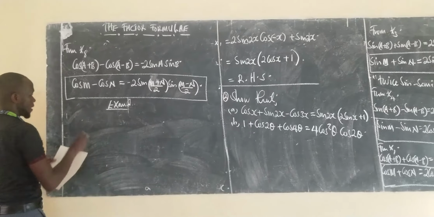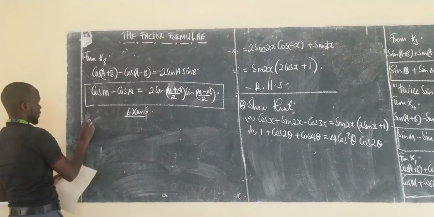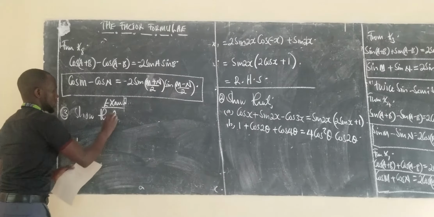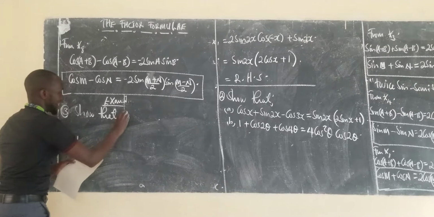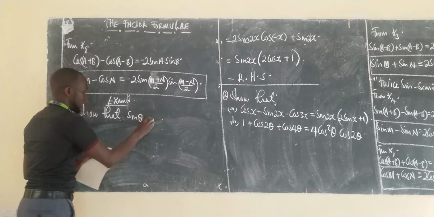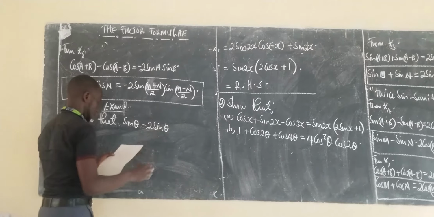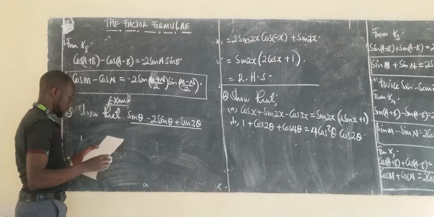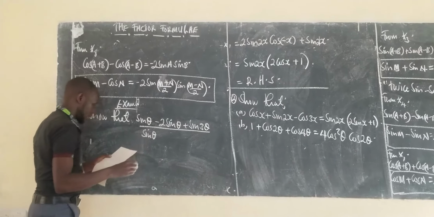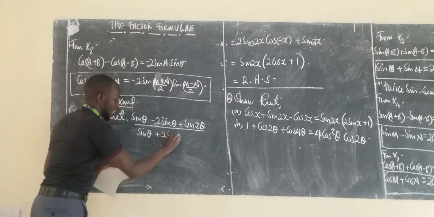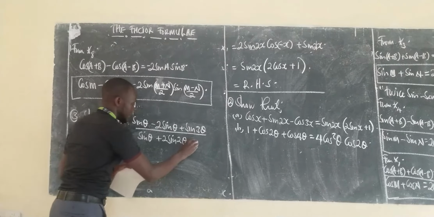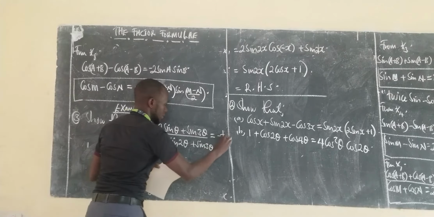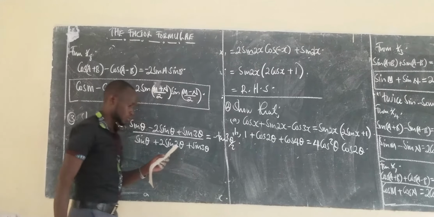Now we have this. Show that sine theta minus 2 sine theta plus sine 3 theta out of sine theta plus 2 sine 2 theta, then plus sine 3 theta is equivalent to negative tan squared theta out of 2.